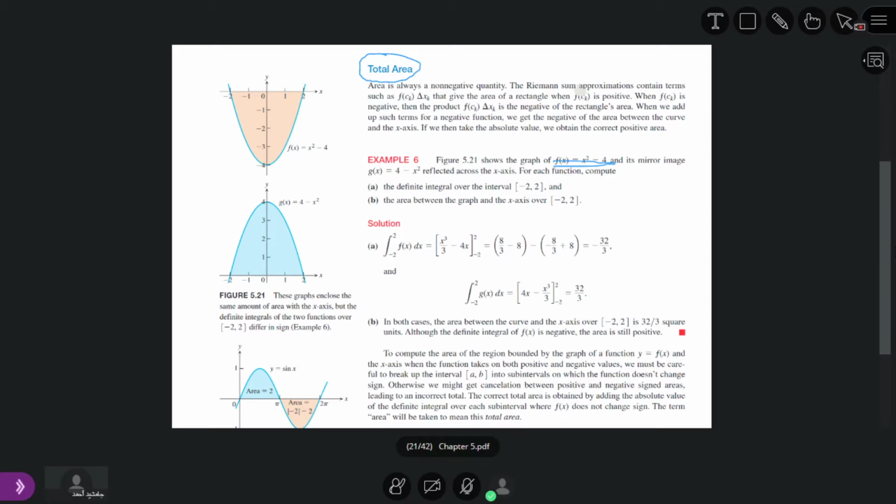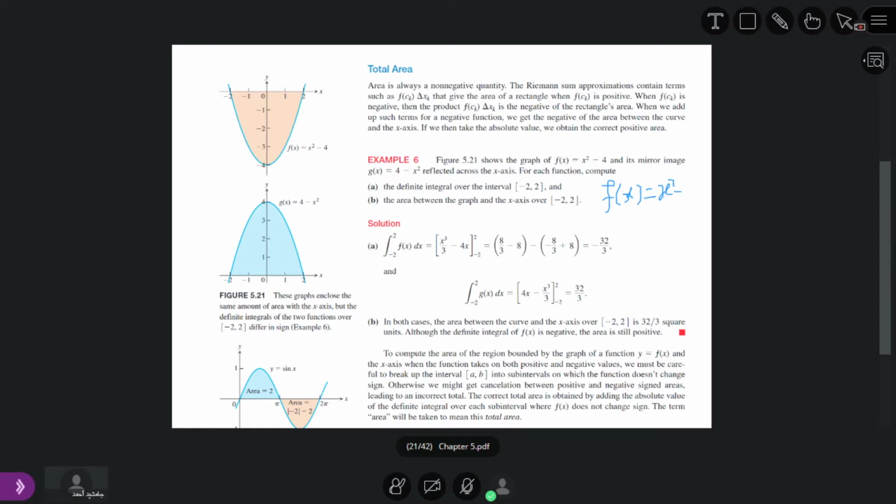First of all, we will put this function equal to 0, and we will find the points where the function is equal to 0. Here f of x is equal to x square minus 4.